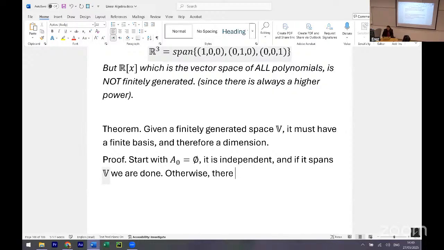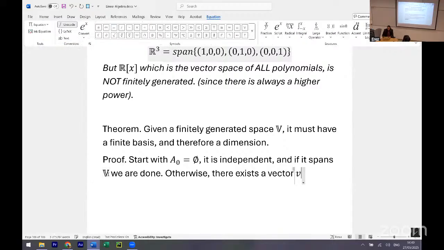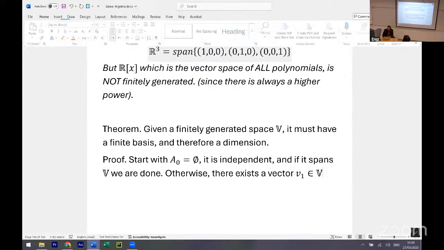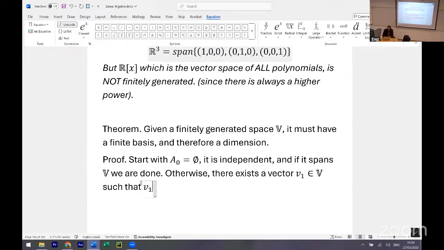there exists a vector, let's call it V1 in V, such that it is not created by whatever we have before.